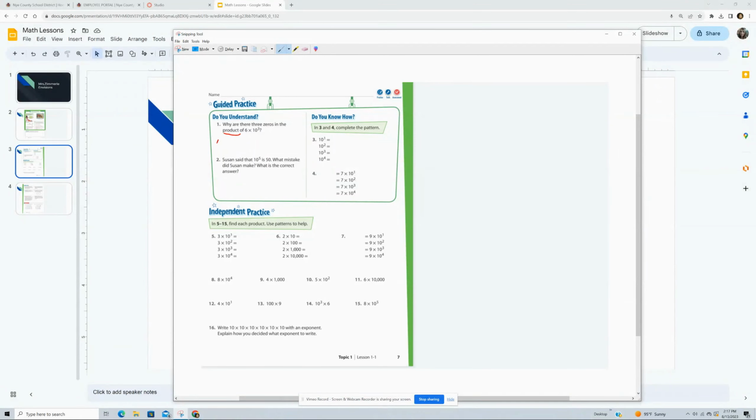So if I have 6 times 10 to the third, my exponent is representing my factor being multiplied 3 different times. So the equation will look like this.